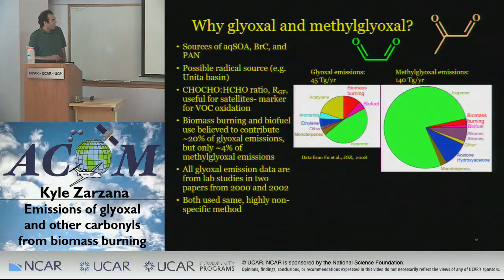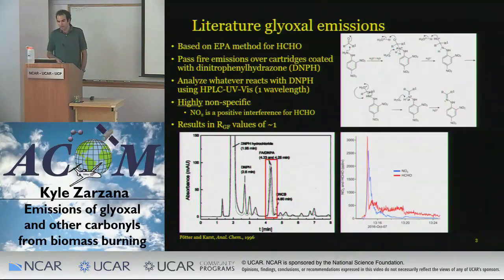Unfortunately, these budgets are very old, and they're based on pretty old laboratory studies. There's only 2 previous laboratory studies of Glyoxal emissions from biomass burning, and they're from 2000 and 2002, and they both used a very non-specific method. It's based on the EPA method for measuring formaldehyde, and what they did is they passed fire emissions over cartridges coated with dinitrophenylhydrazone, or DNPH.